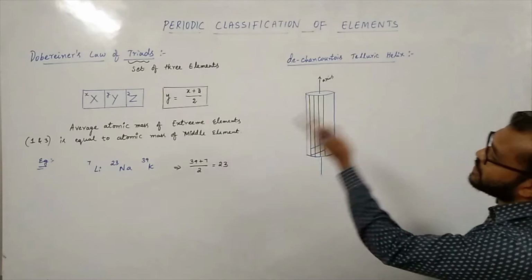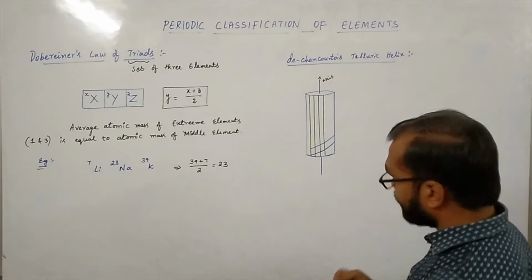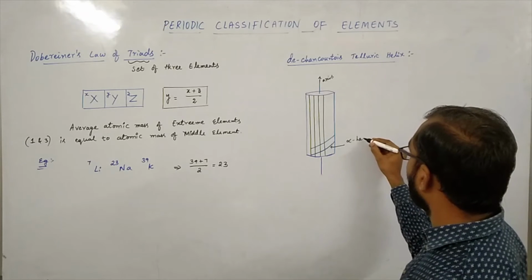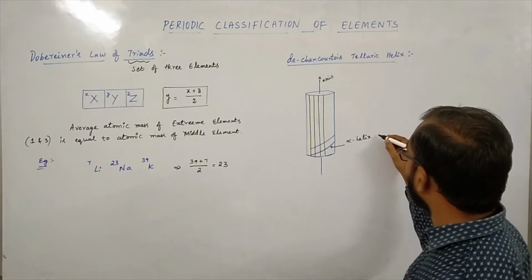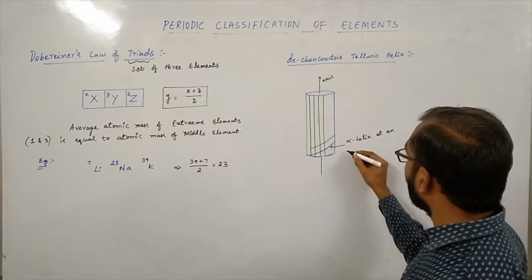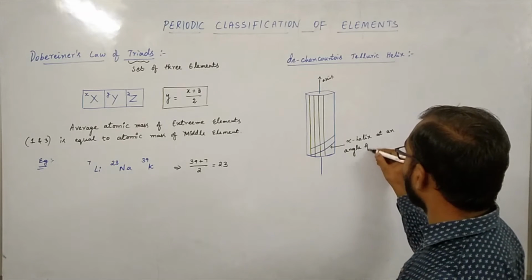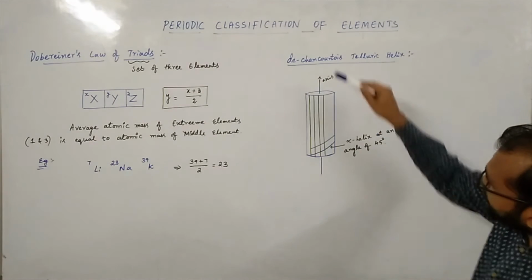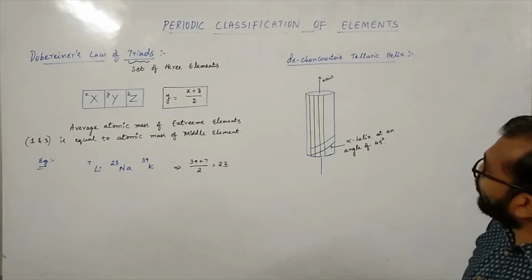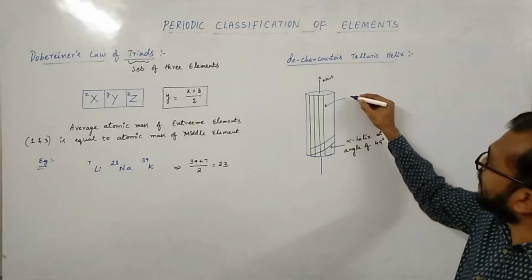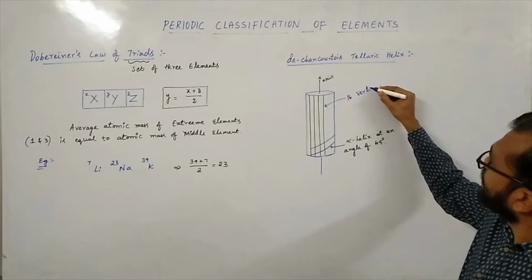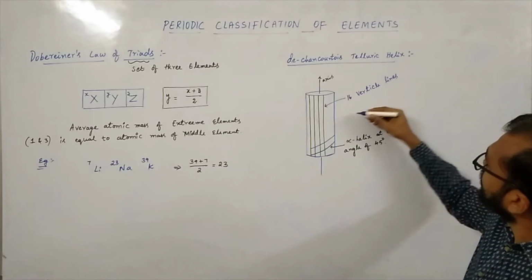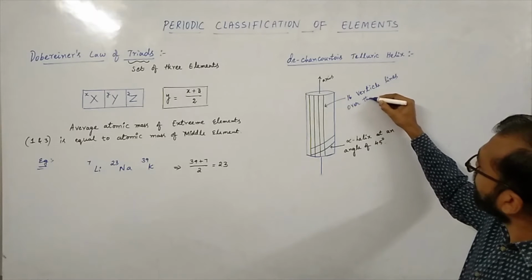Let me assume this as an alpha helix at an angle of 45 degrees. Then this will cut the 16 vertical lines. Totally, how many vertical lines did he plot? 16 vertical lines over the surface of the cylinder.